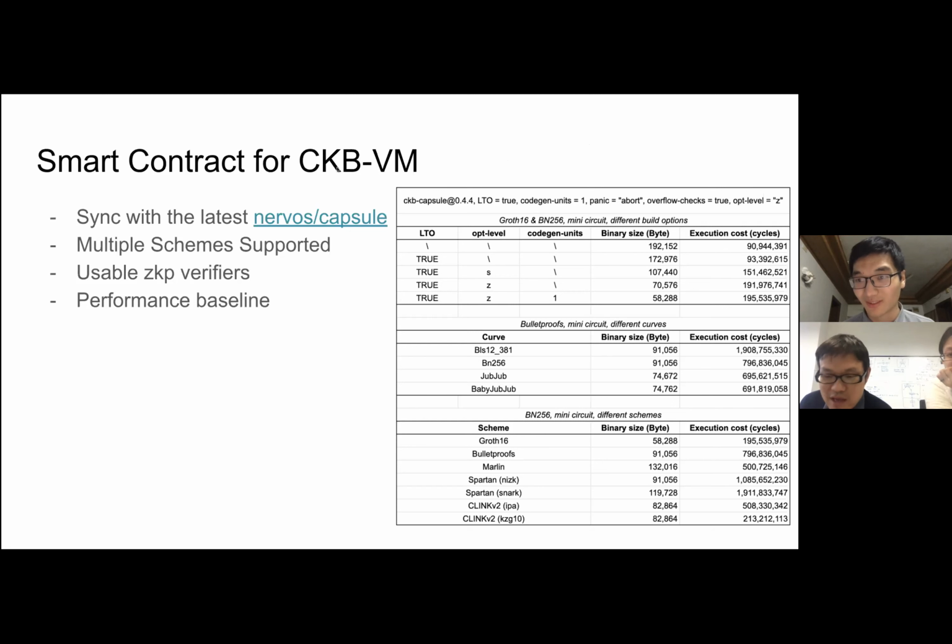Yeah. So probably we can give the different zero-knowledge proof schemes for the same circuit, for example the range proof. The range proof is runnable for all schemes.